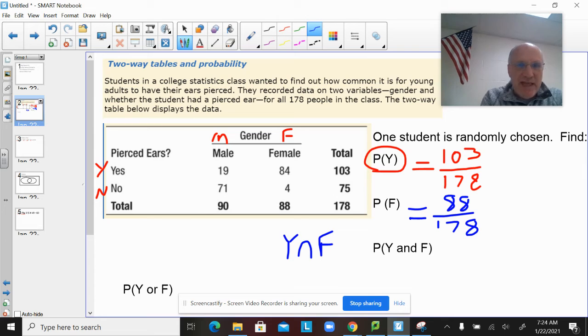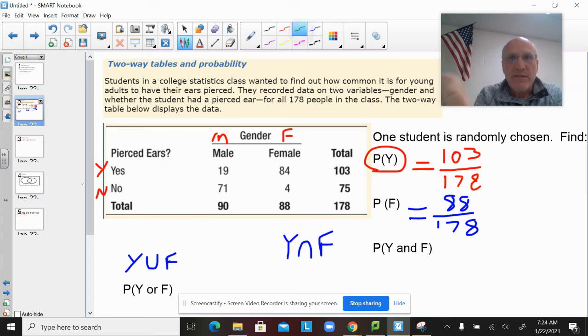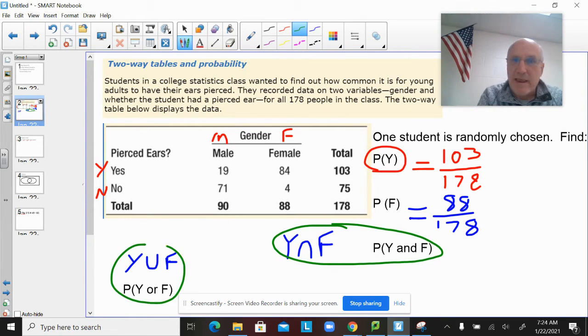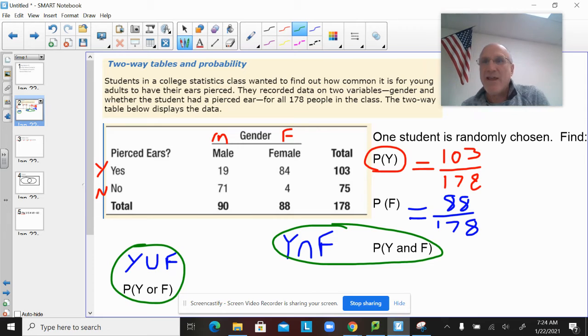So you could see this as Y union F. I find myself always using the word and or the word or, but for the notation, you've got to know that and link these, that those two mean the same thing and those two mean the same thing. All right, so let's look at the and first.